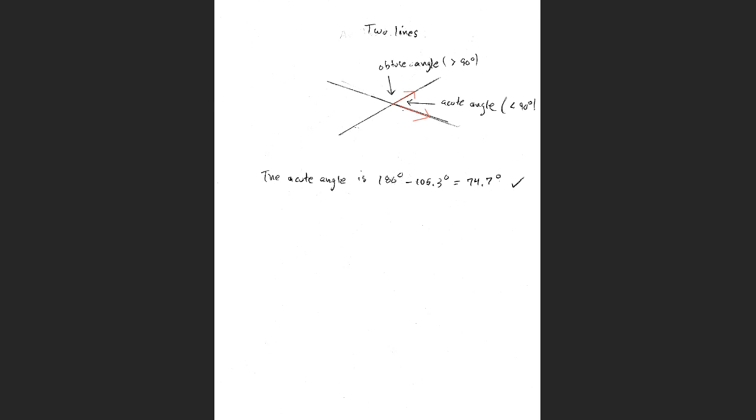But if your two vectors were, let's say, this vector and this vector, which is obviously what happened with me, you would get an obtuse angle.